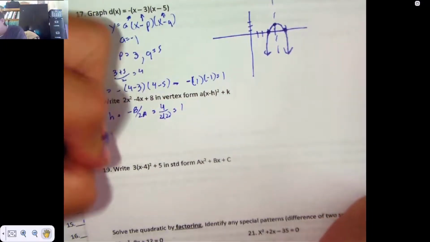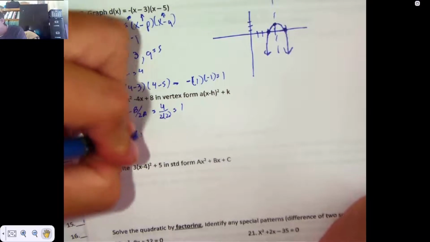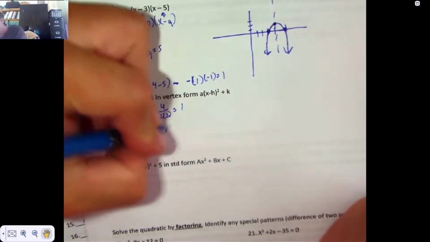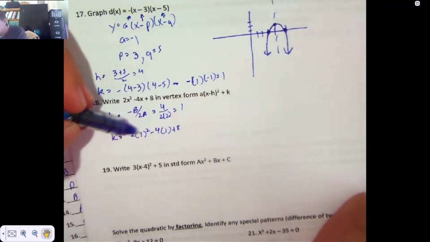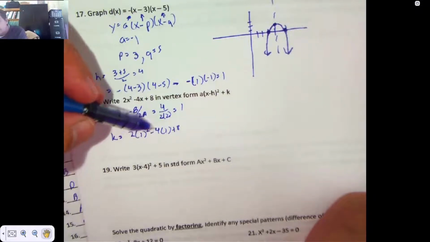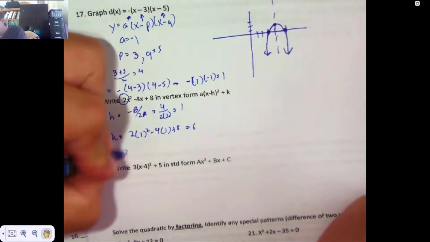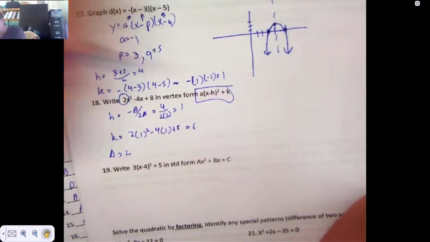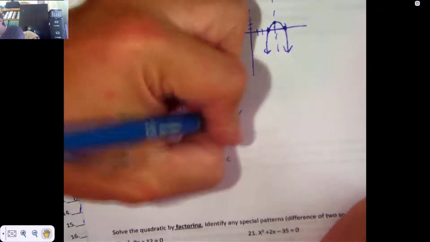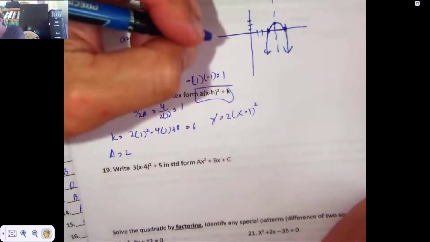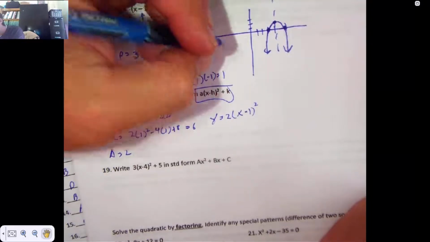Plug in to find k. 2 times 1 squared minus 4 times 1 plus 8 is 2 minus 4, which is -2, plus 8, which is 6. My a value here is 2. So I have everything I need: y is twice x minus 1, all squared, plus 6. I think that's the same one that's in your notes.